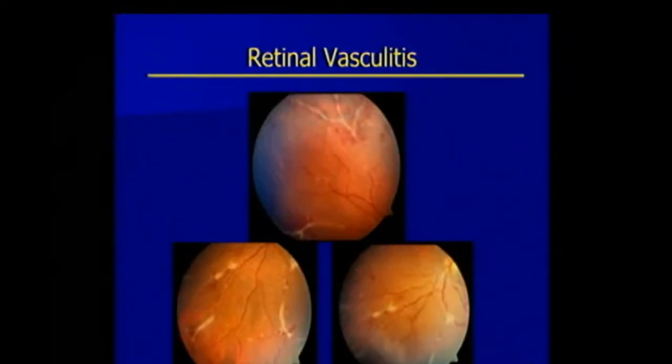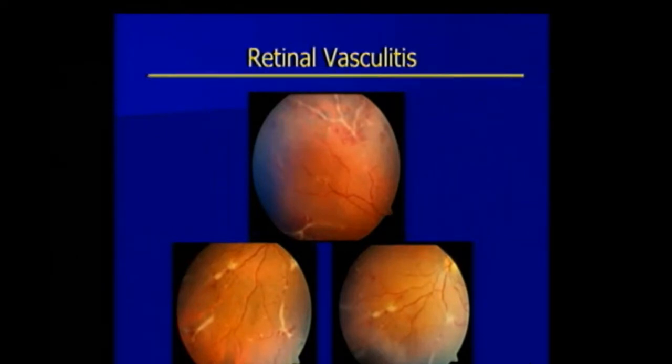This is the classic example. When you see this picture, you can see the blood vessel is surrounded with active sheathing. These are inflammatory deposits, inflammatory cells. It is perivasculitis. Most of the histopathological studies show that there is perivascular inflammatory infiltrate. It is not in the wall of the blood vessel, but it is perivascular.